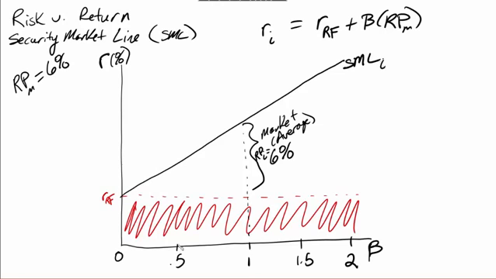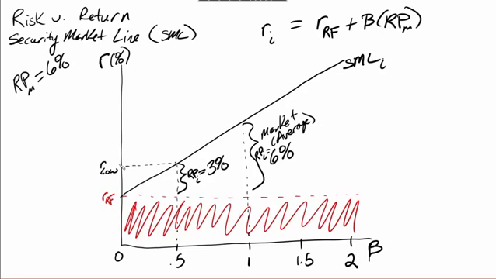If we look at a beta of 0.5, what is our risk premium going to be? Well, it's going to be 0.5 multiplied by 6%, so the risk premium here is going to be 3%. This is what we would consider a low risk stock, because it has a required return under the market. It has a beta lower than 1.